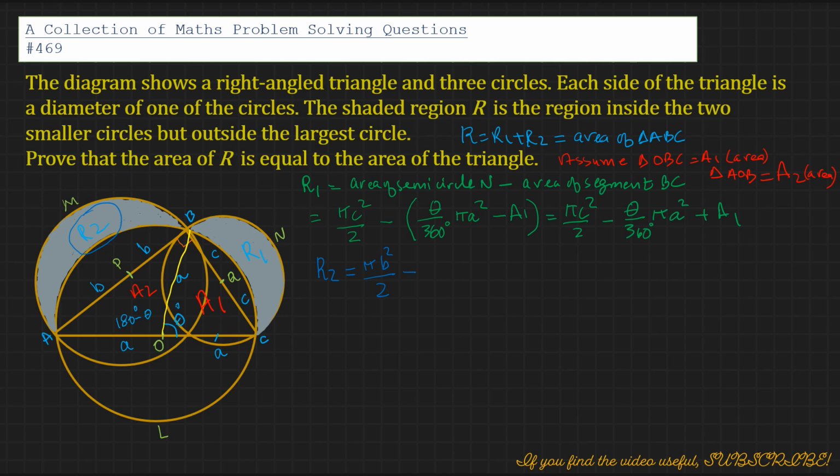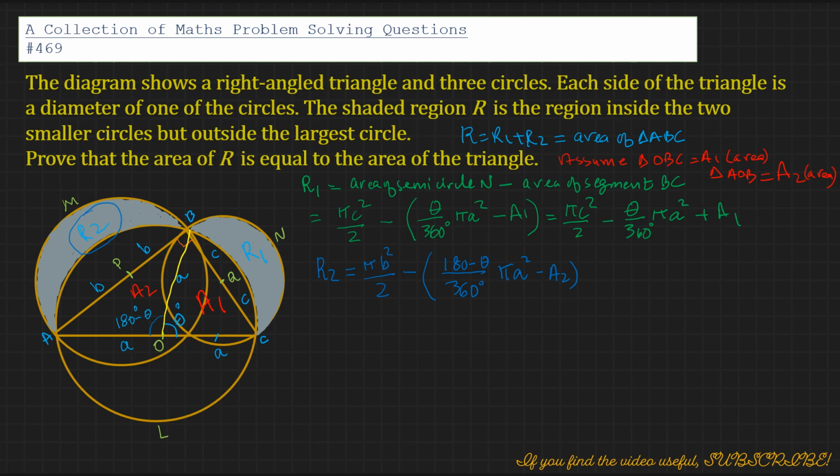So the angle is 180 minus theta, so it would be 180 minus theta out of 360 degrees times, again, pi a square, and minus A2, because A2 we've said is area of the triangle.